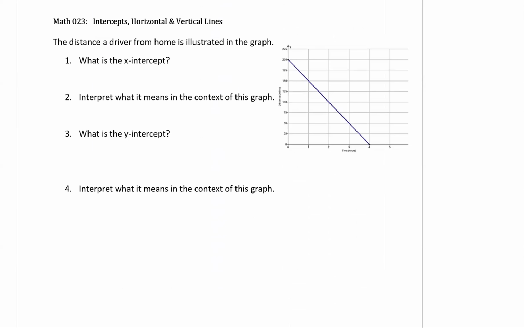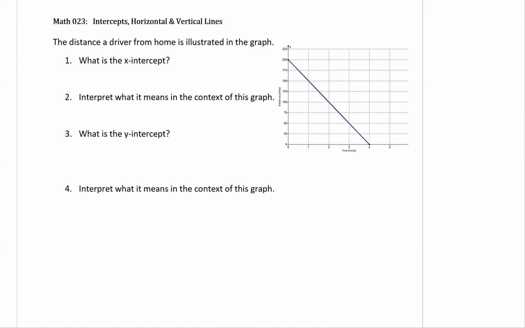And my last example, let's interpret some results here. The distance a driver is from home is illustrated in the graph. So our x-axis is time in hours, our y-axis is distance in miles.